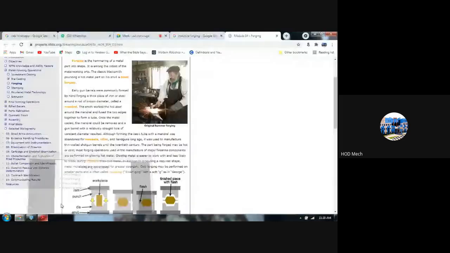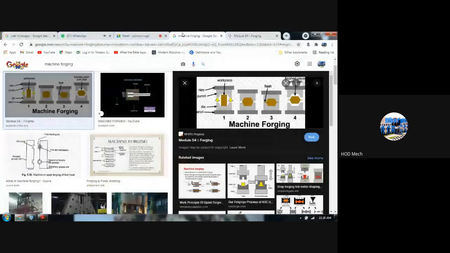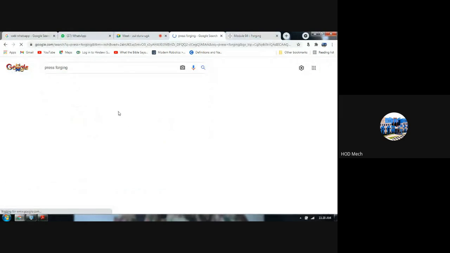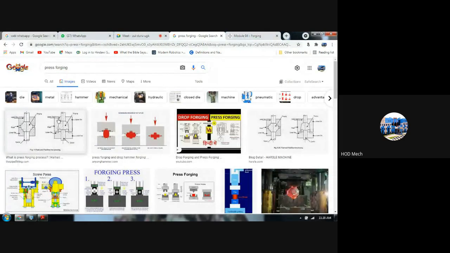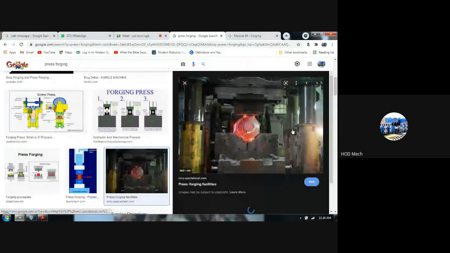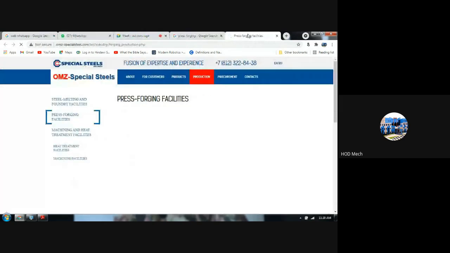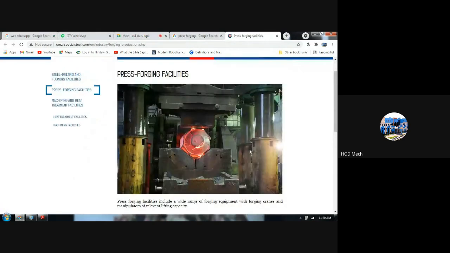Let me give you another one, press forging, right? So we will check that also. Press forging. In the press forging, this is one of the examples. Press forging facilities. So look at this. Such a gigantic machine. This is your material, circular material.